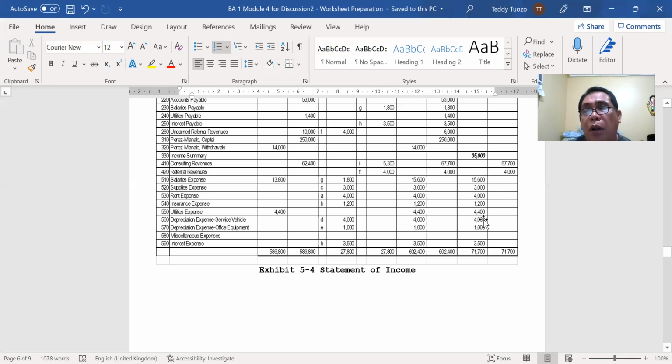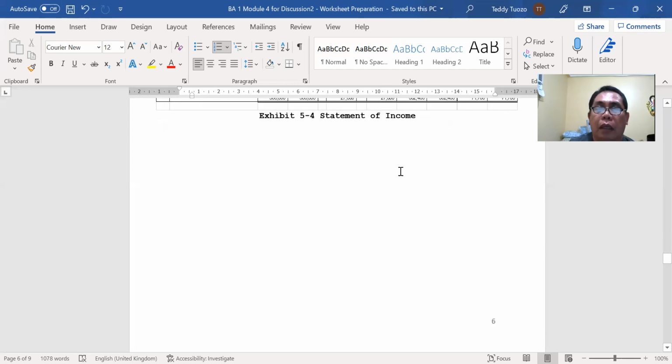But if, for example, the expense accounts are more than the income accounts, the income summary should be on the credit column. If it is on the credit column, meaning to say the company is at a loss.